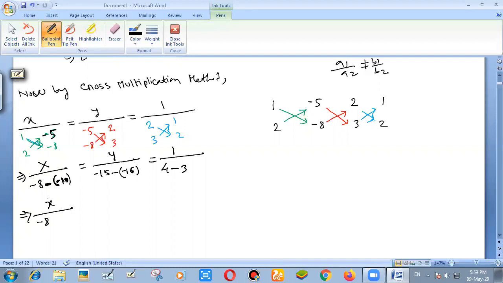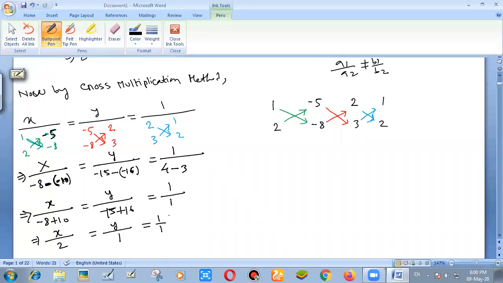What will be this one, Bhaswati? Sir, plus. Yes, plus 10. Then it will be -15, then again plus 16. Then it will be 1. So if you solve this, it will be -8 plus 10, which is 2. Then for y: -15 plus 16, 1. Then 1 by 1, that means 1.